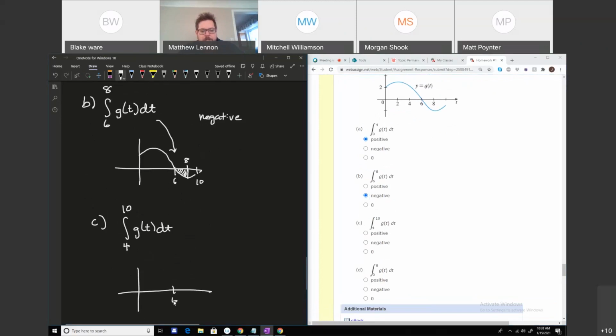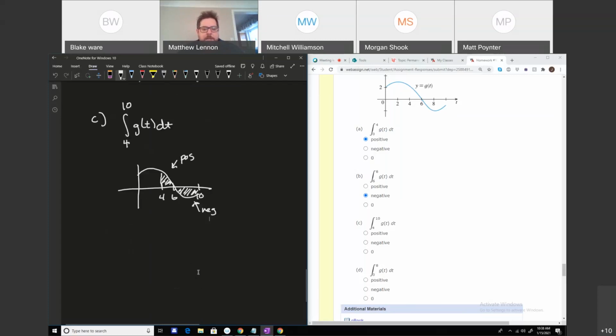We've got 6, 4 is somewhere here, and then 10 is all the way over here. So we do this, something like this. So we've got two portions here. We've got this one, and we've got this one. So this part's positive, but this part's negative.